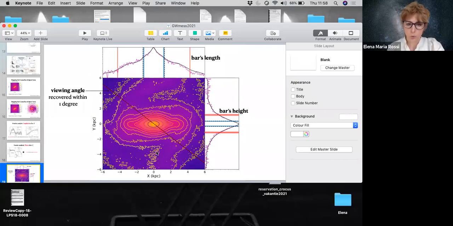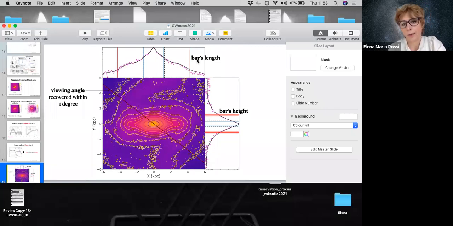So this is the contour plot of stellar density. This is the viewing angle. The black line is the true viewing angle. We can recover the viewing angle within 1 degree. Then if you look at the red bar on top, this is our estimated bar length, that you see even by eye reproduces the actual one.